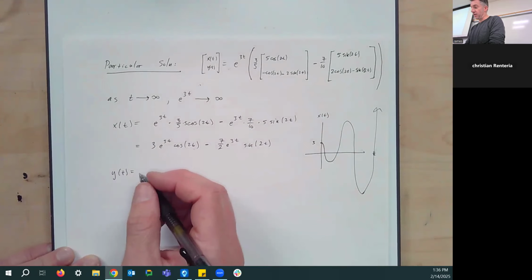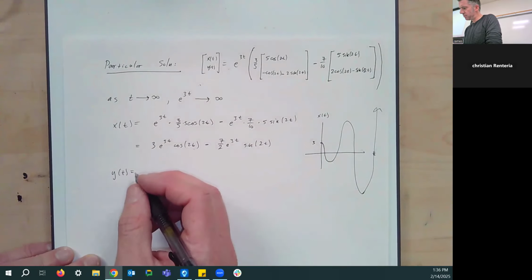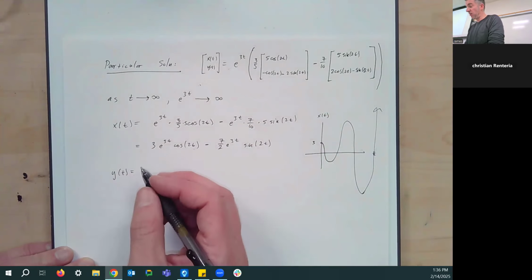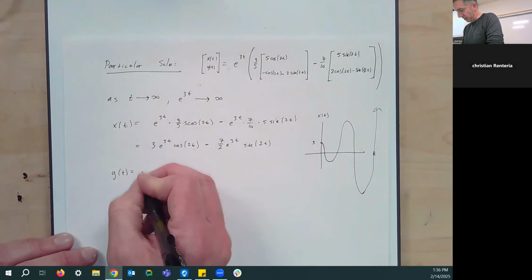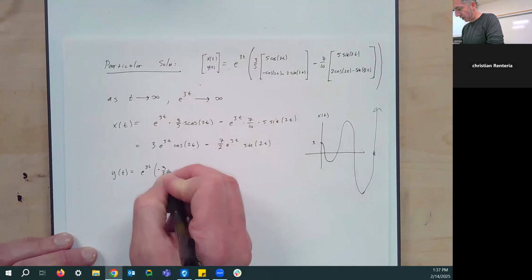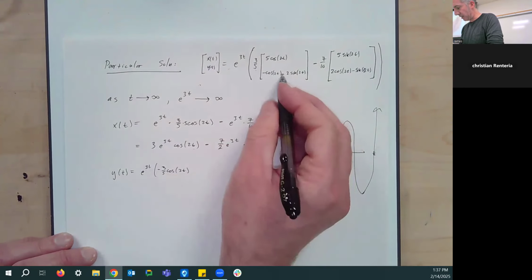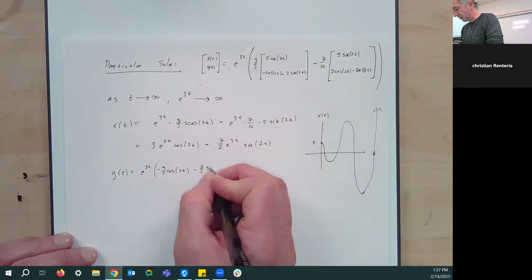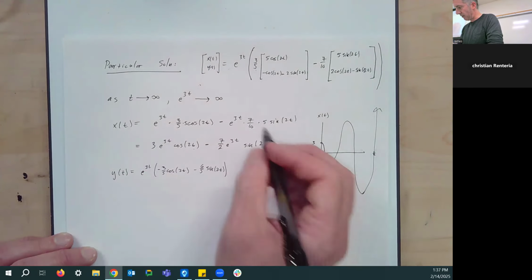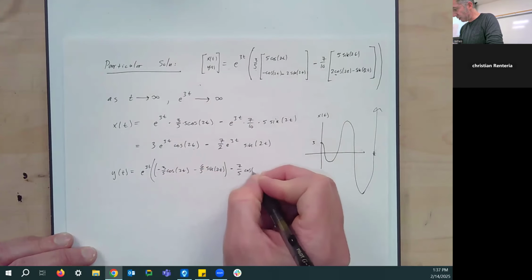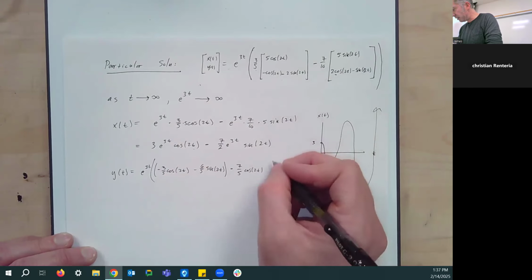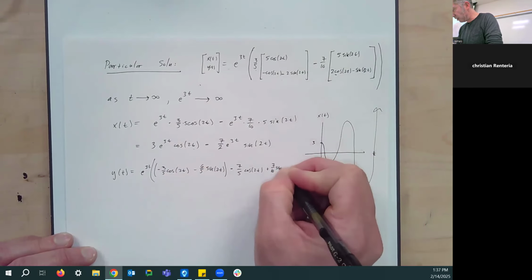Okay, it's fine, let me do some simplification. So it's e to the 3t times, what do we got here? I've got 3/5 times negative cosine, so -3/5 cosine of 2t, and then minus 6/5 sine of 2t. And then I also have minus 7/10 times 2, so minus 7/5 cosine of 2t, and minus is plus 7/10 sine of 2t.